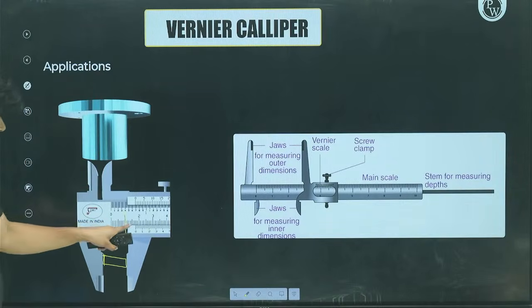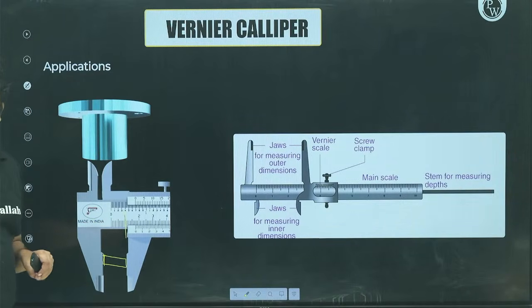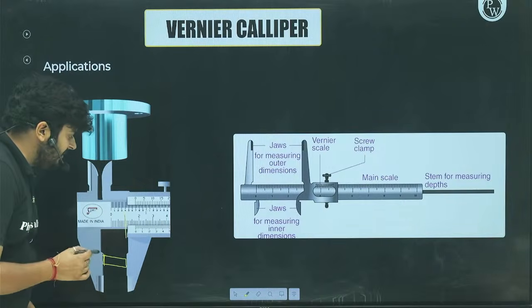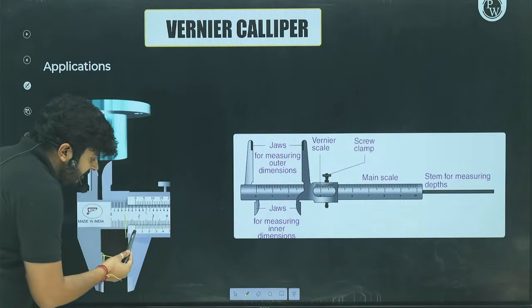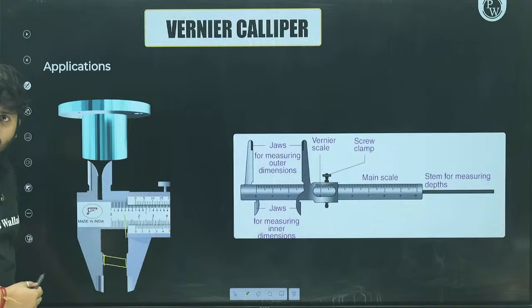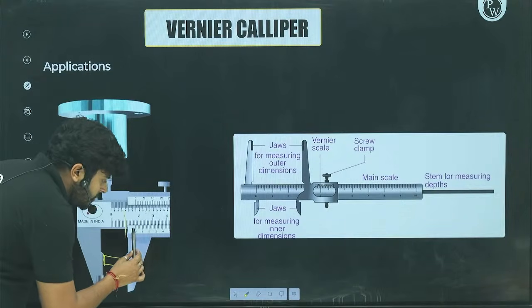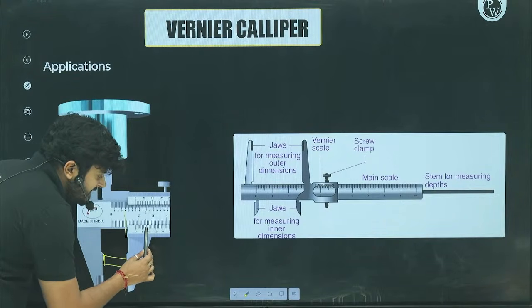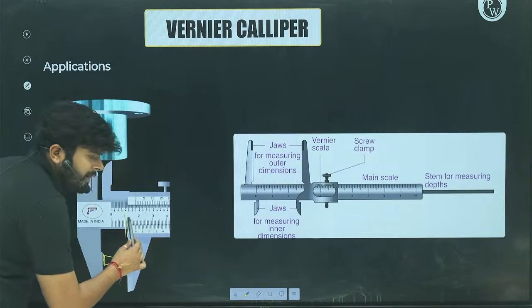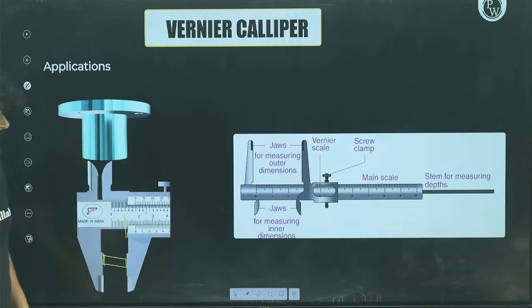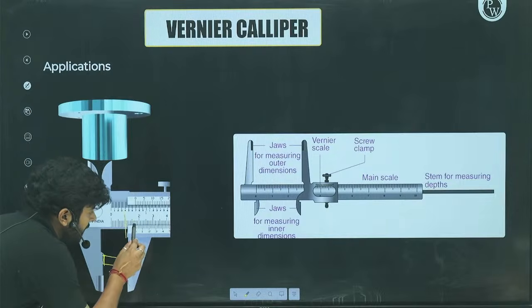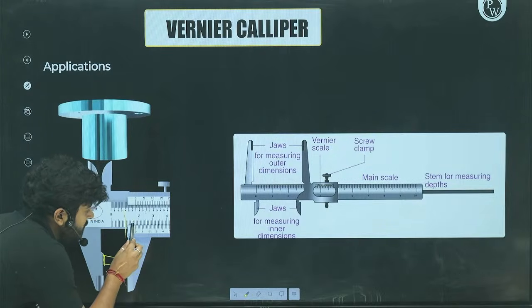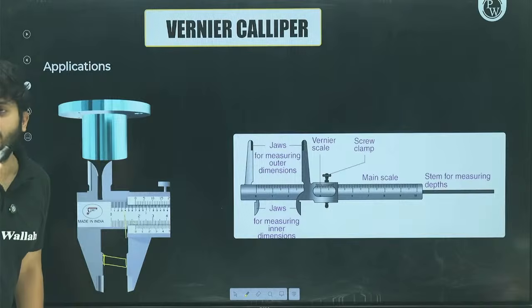So how do you get the vernier scale reading, my dear kids? Look at the vernier markings on the vernier scale and see which of these markings is exactly coinciding with any of the markings on the main scale. When you see that this mark of the vernier scale is between two marks, it is not coinciding with any one of them.